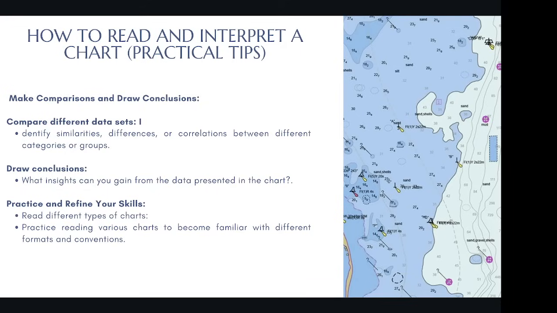Compare the different data sets. Identify the similarities, differences, or correlations between the different categories or groups. Draw the conclusion. What insight can you gain from the data represented in the charts?